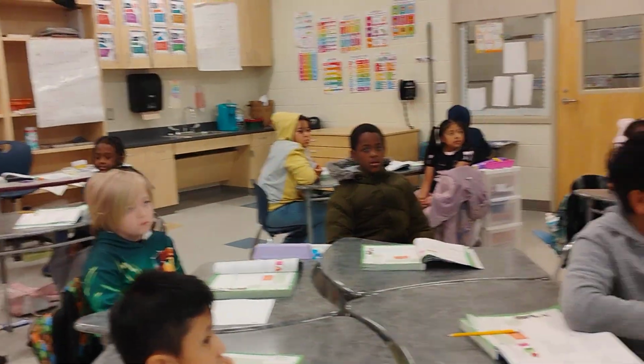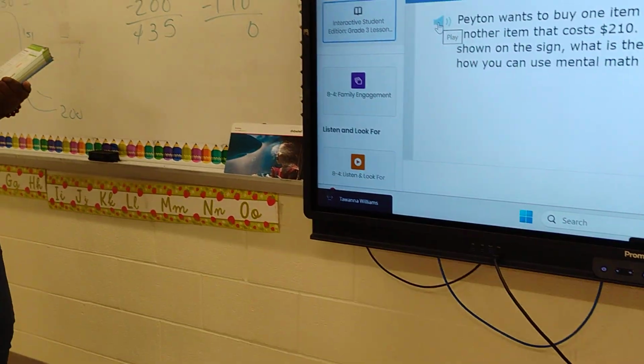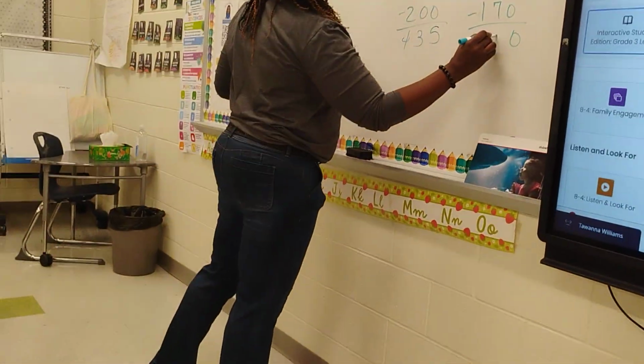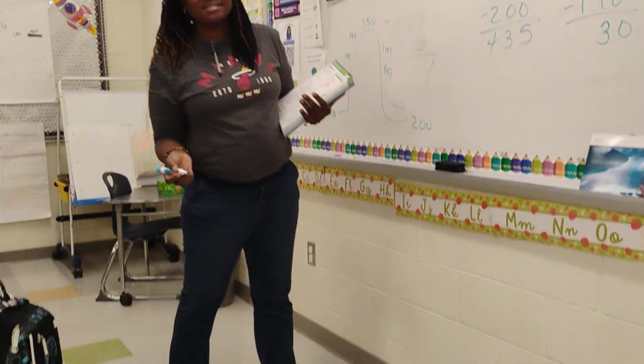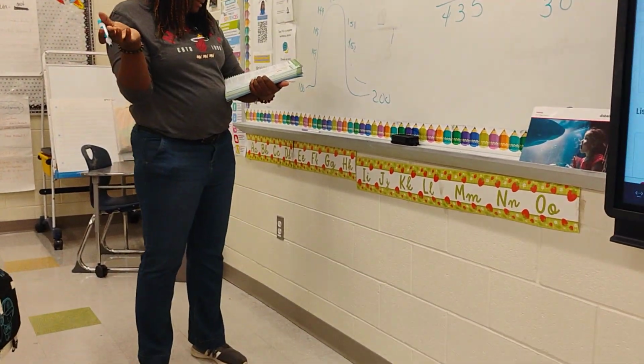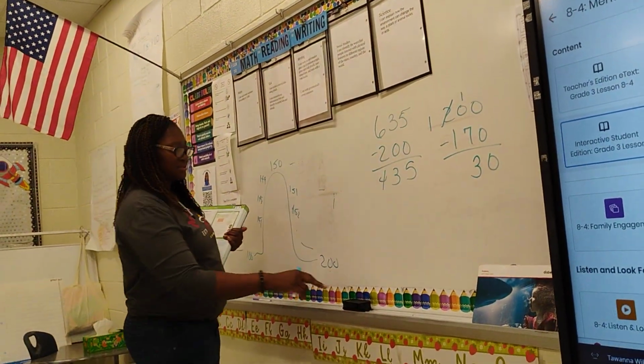No. So who do we borrow from? Our neighbor, the 900, and that becomes a 1. Then we take it back to them, and that becomes 10. So what's 10 minus 7? 3. Good. So that's 30. So how much discount did they get off? 130 bucks. So now we say 630.